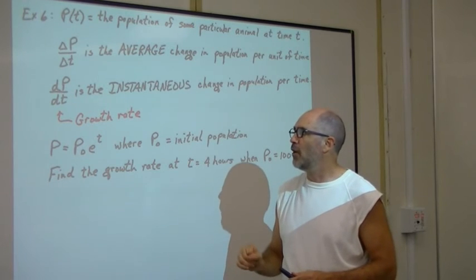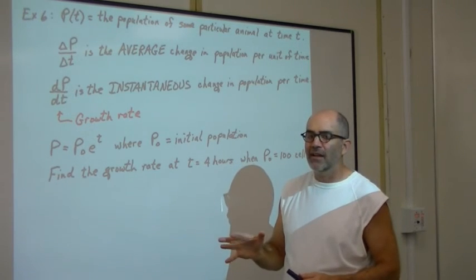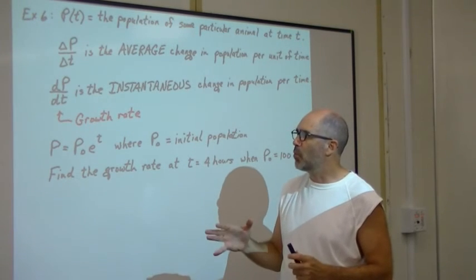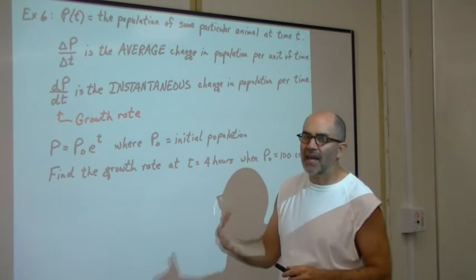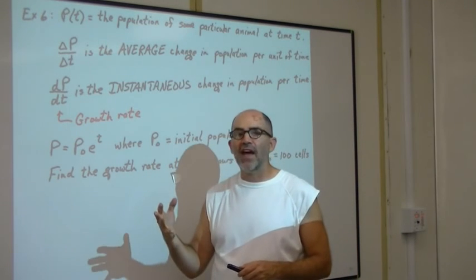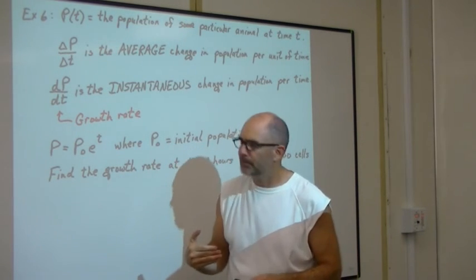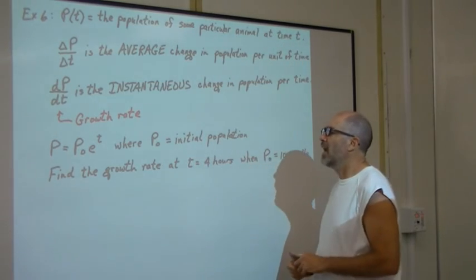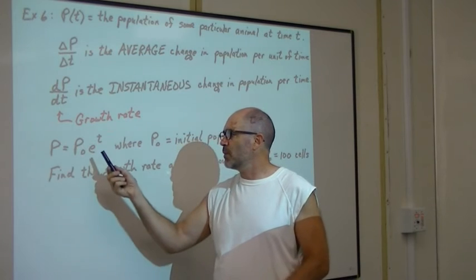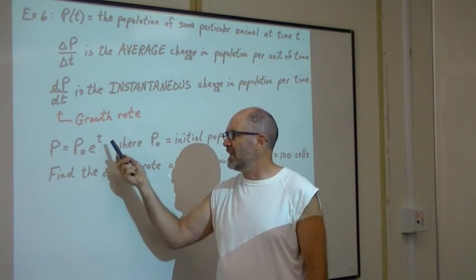And that's what we want to know: how fast is this scum growing? So how important is it that I get the medicine before this population grows so fast that it kills me? Okay, now, our population is going to equal P sub 0 e to the t.